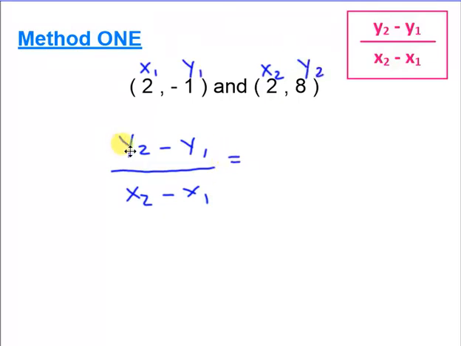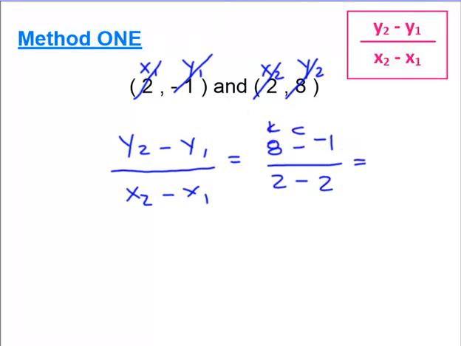All right, so we're going to take our y2, which is 8, minus our y1, which is -1, over our x2, which is 2, minus our x1, which is 2. So we have keep, change, change. So keep 8, change minus to plus, change -1 to +1. So that's going to be 9 over, and then 2 minus 2 is 0.